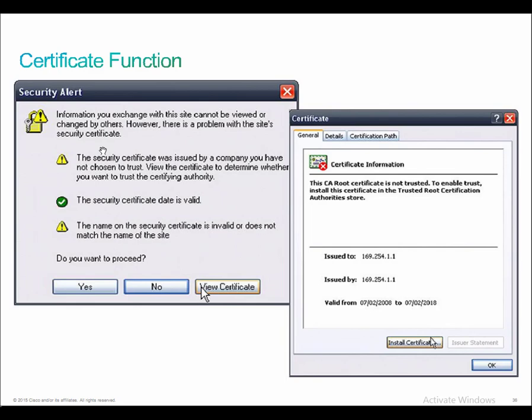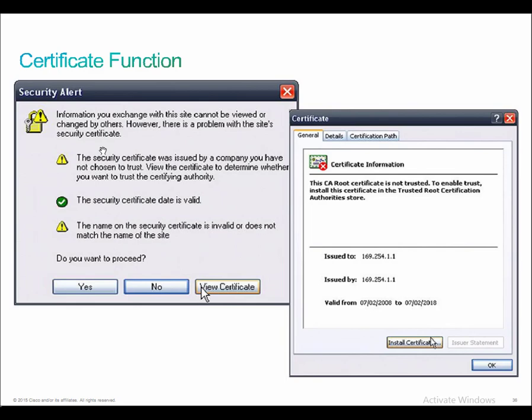When a wireless LAN controller reboots after its initial configuration, a certificate pair gets generated. That's a self-signed certificate because no external authority actually confirmed its validity. So when the administrator connects to the web interface of the controller for the first time, you guys will see this a little bit later on, a warning appears signaling that the CA for the certificate is not known.